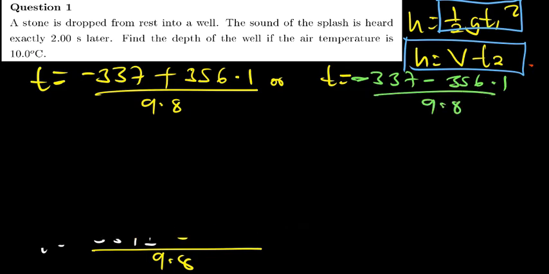Okay, so what would be the value for T? I'll just do it direct. So it will be negative 337 plus 356.1. I'm getting 19.1. 19.1 divided by 9.8.